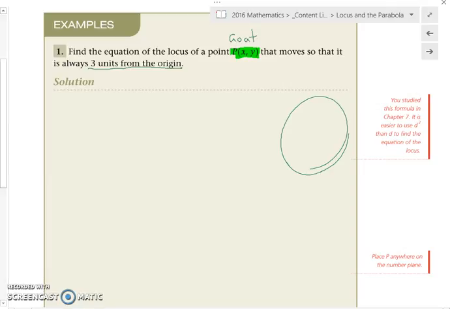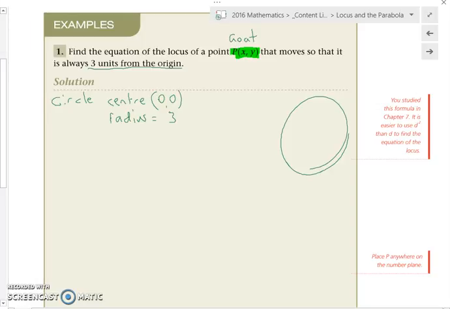So what we have to do is work out what it is. Now, you may recognize that as a circle whose center is what? It's the origin, so it's 0, 0. And its radius is what? 3. So you might look at that and go, oh, it's a circle, center of 0, radius of 3.